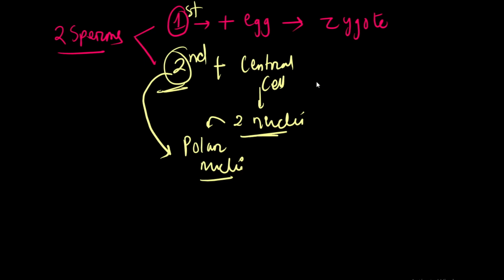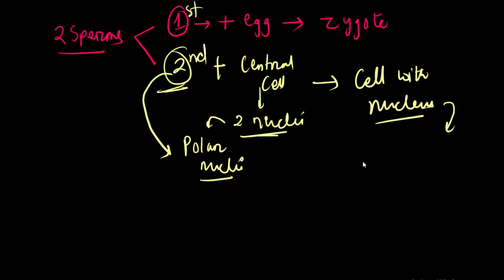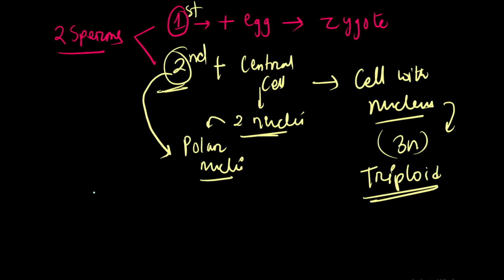As a result, it forms a cell with a nucleus, and this nucleus has the chromosomal state of 3n, or the nucleus is triploid. So guys, now let me tell you why this process is called double fertilization and triple fusion.